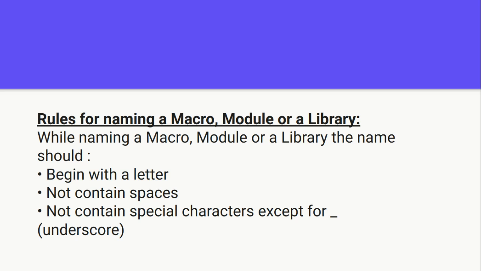Not contain special characters except for underscore. We can use the underscore, but we cannot use other special characters like ampersand, hyphen. We can use only underscore. So if we are naming a macro, module or a library, first begin with a letter, then not contain spaces, not contain special characters except for underscore.